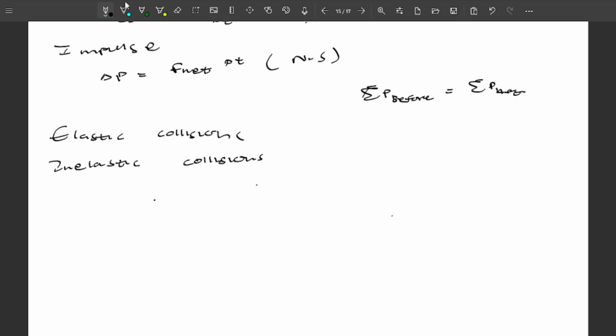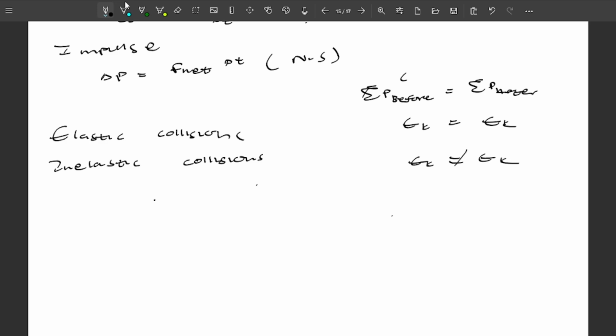In an elastic collision's case, both of these sides are equal. By both sides, I am referring to the energy in between the two. They're equal to each other. But if it's an inelastic collision, the before and the after will not be equal.